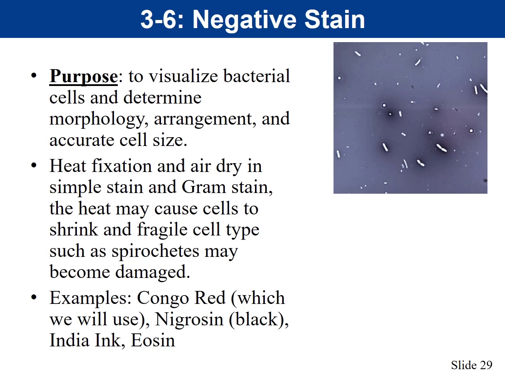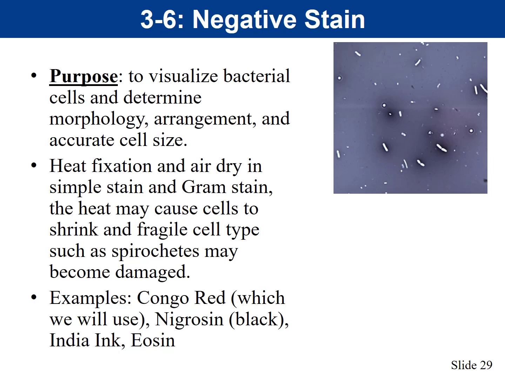That's because the heat can cause fragile cells to shrink. For example, if we wanted to determine accurate cell size and we heat the cells, they are going to shrink, and it won't let us have an accurate measure of cell size.